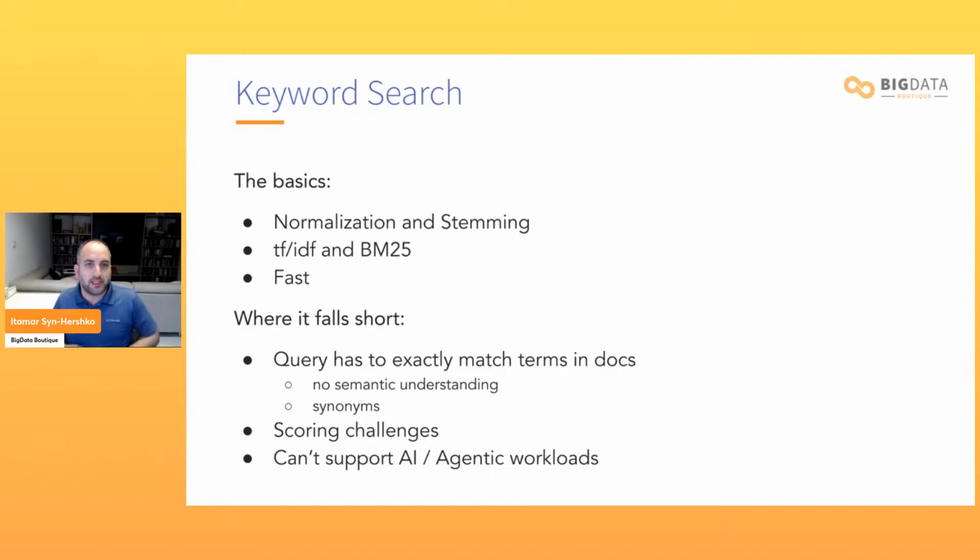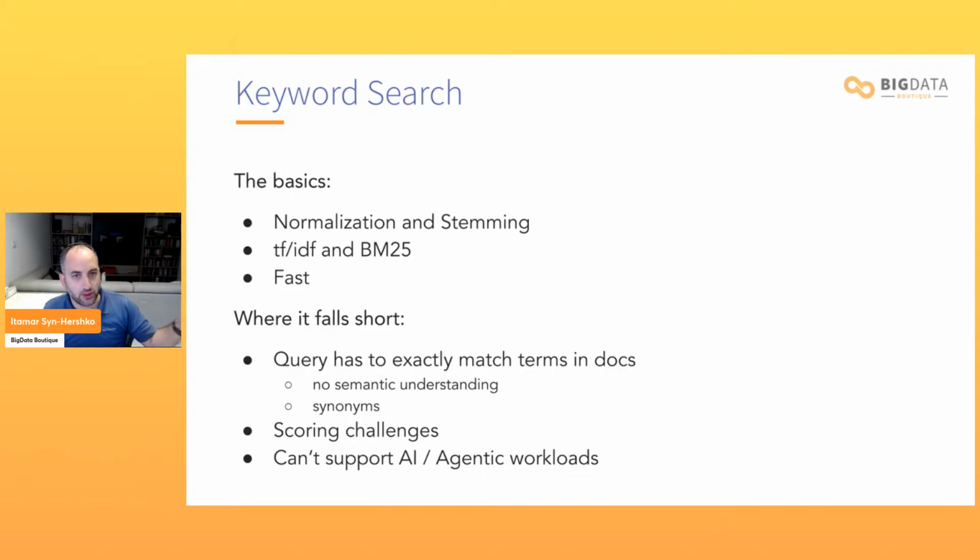So the basics is that what we've done now is basic keyword search. And that's what we often use in many cases and in many search systems that we have. So there's basic normalization, like in English, removing stop words, or sometimes, and definitely lowercasing, obviously removing punctuation marks and so on.